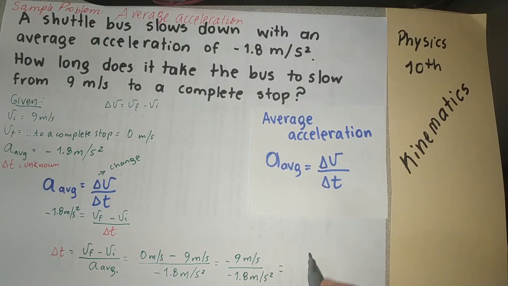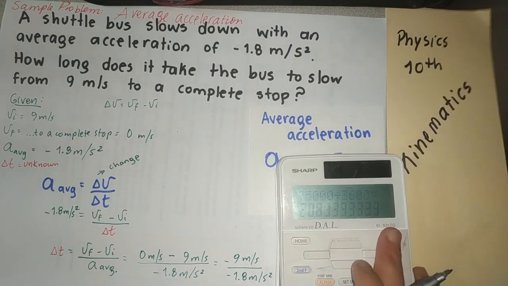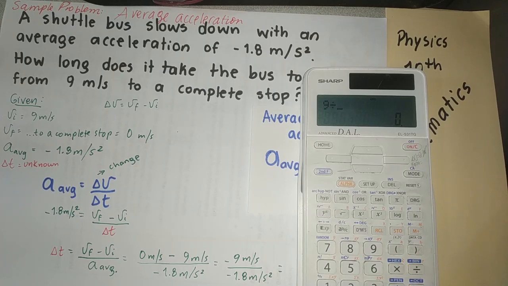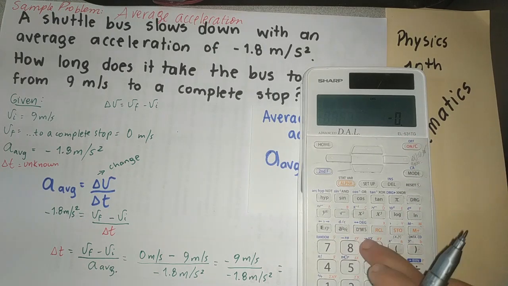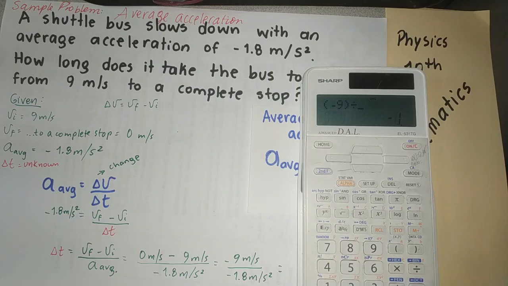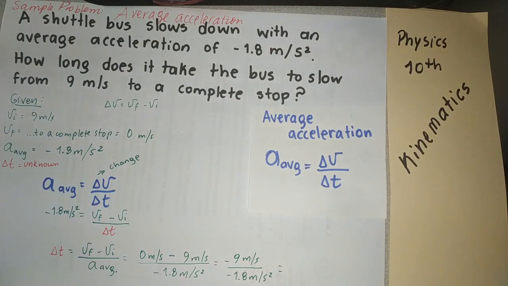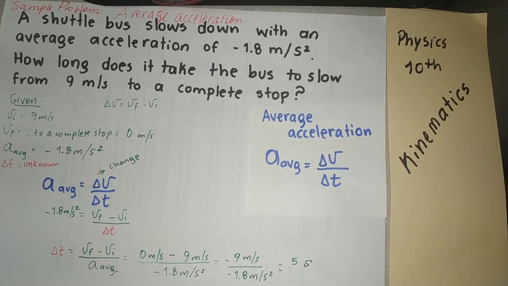When you divide all this, negative 9 divided by negative 1.8 gives you positive 5. As we're looking for the time, we know it's seconds.